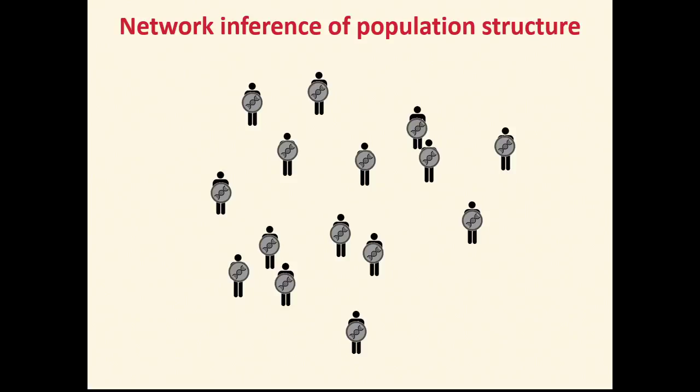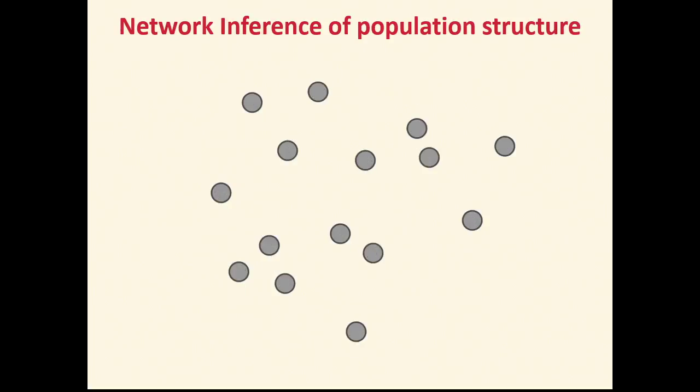So what we will do is construct a network where the nodes of the network are the different individuals in the population, or more precisely, the genetic information of those individuals. And for edges, we will characterize the edges with the genetic similarity between the individuals.